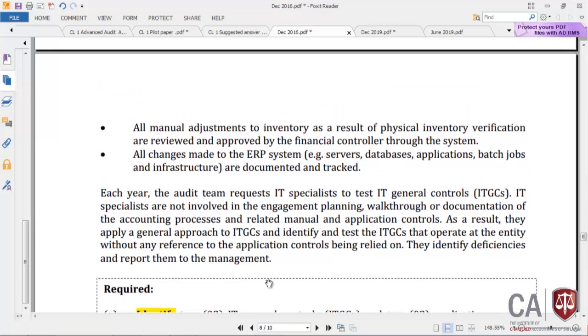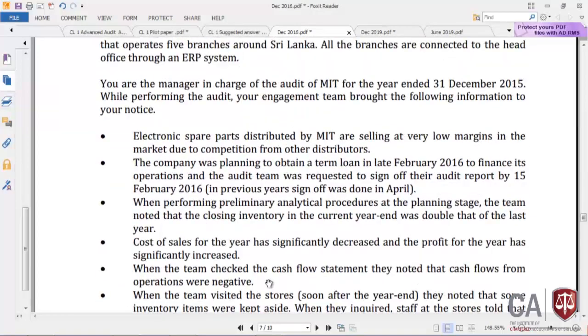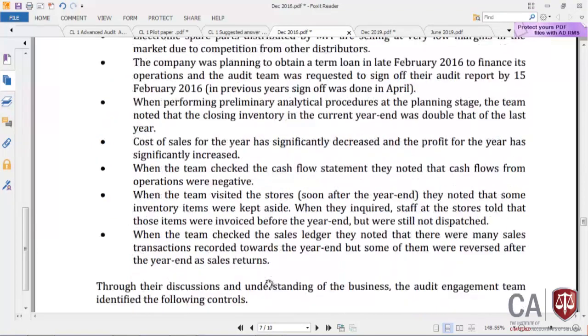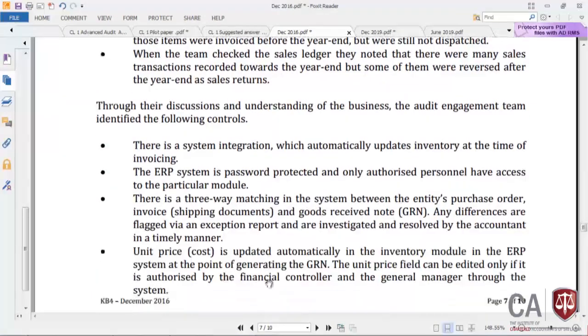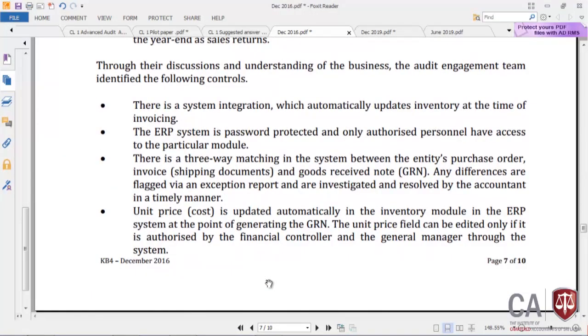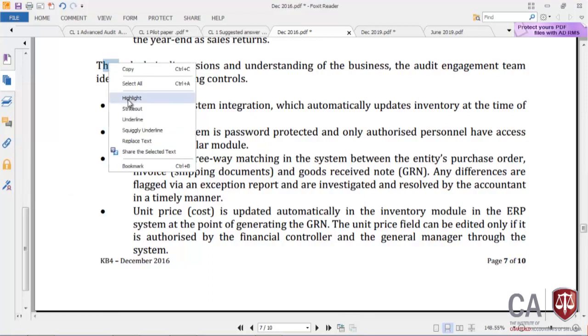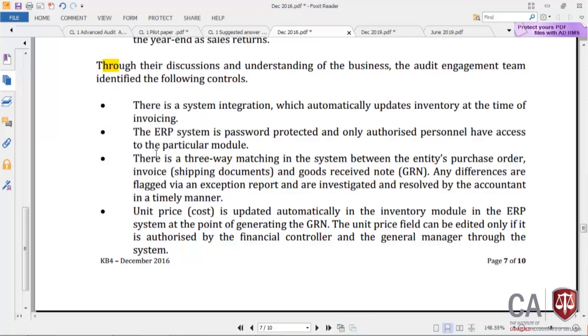I am not going to read the full question, so you can read it and do the question, but I will start from the internal control part and tell you what are the general controls and the application controls. I am going through this from the second part of the question. Through their discussion and understanding of the business, the audit engagement team identified the following controls.